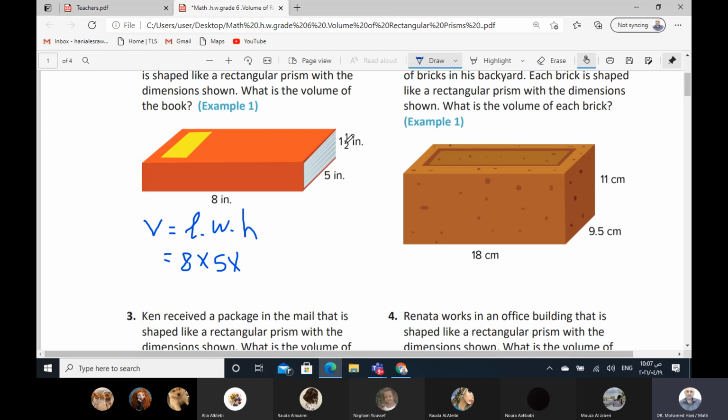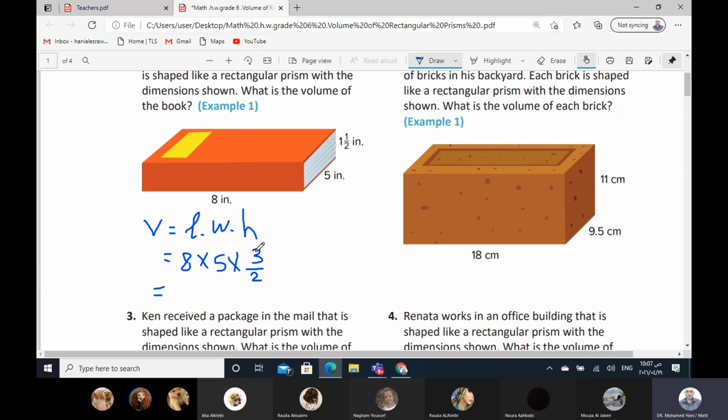We can change it to the fraction. 1 times 2, 2, 2 plus 1, 3 over 2. So times 3 over 2. 8 times 5, 40.